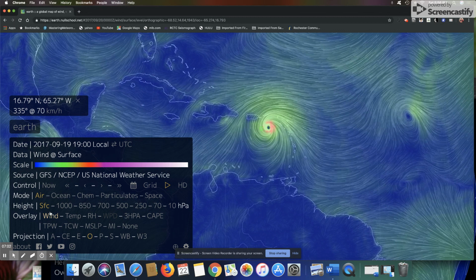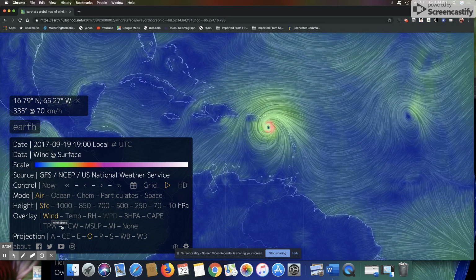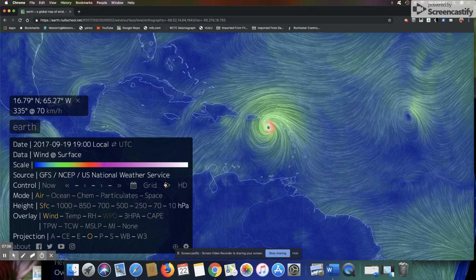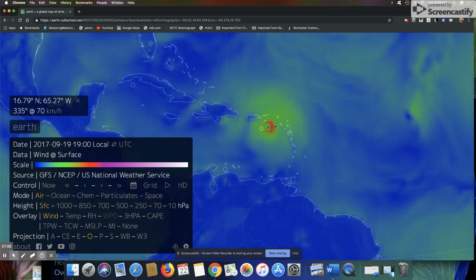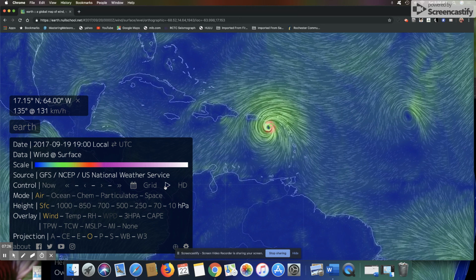And I can actually turn this off, and you can see where the strongest winds are going to be. So we have winds of upwards of 129 kilometers per hour over here, 131. And now we're going to turn that on, and let's watch it go a little.